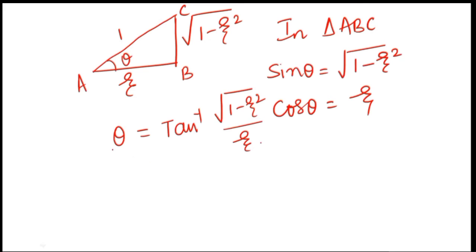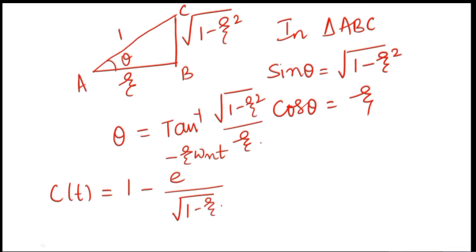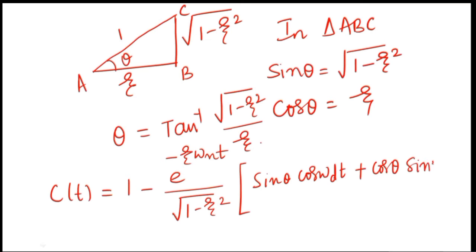So we can write this C of t as 1 minus e power minus zeta omega n t by square root of 1 minus zeta square into sin theta cos omega d t plus cos theta sin omega d t.